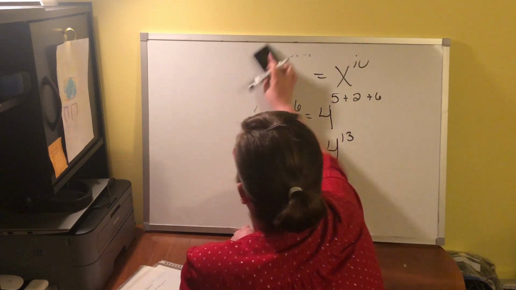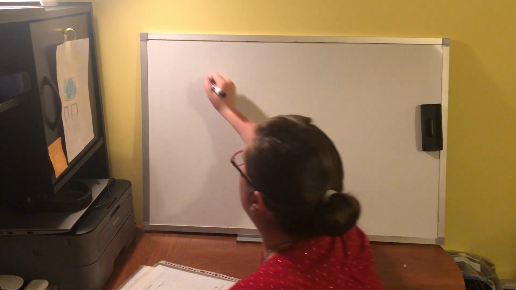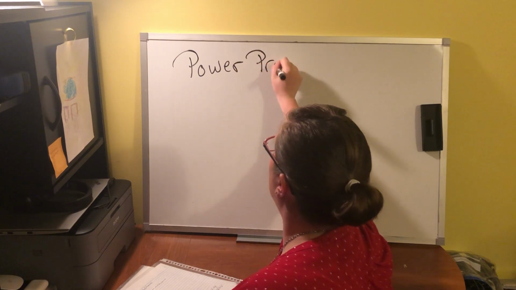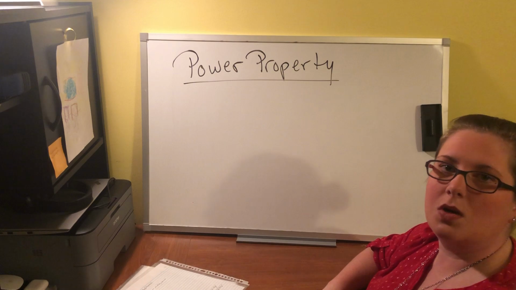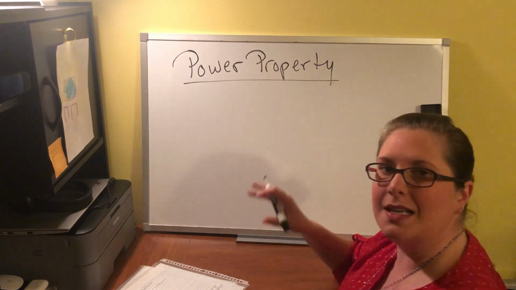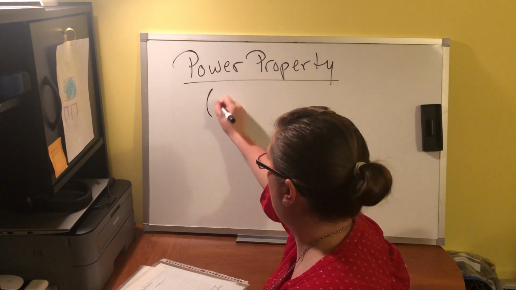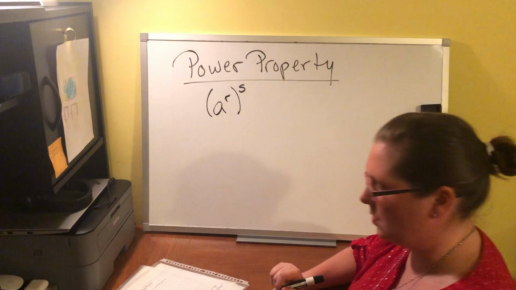So we did the product property. Now we are going to do the power property. Okay, power property. In general, this is what it looks like. In parentheses, we have a to the r raised to the s power, okay?